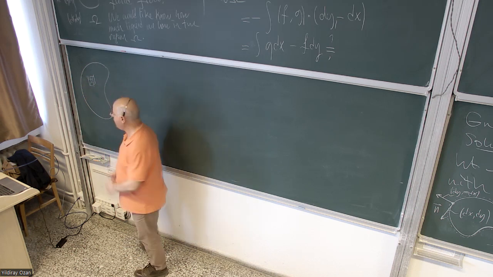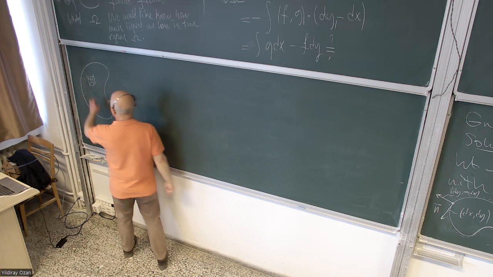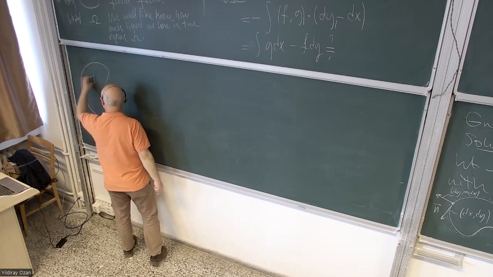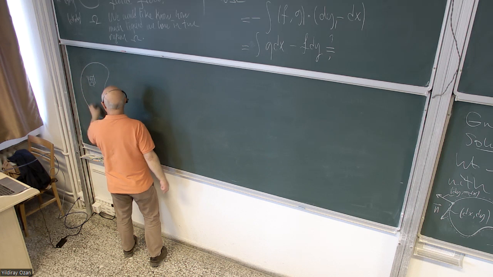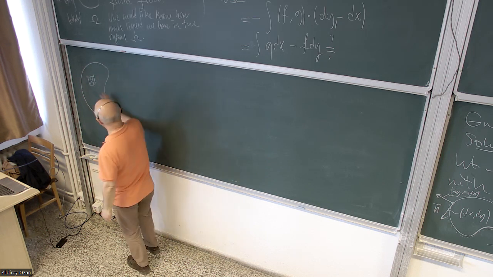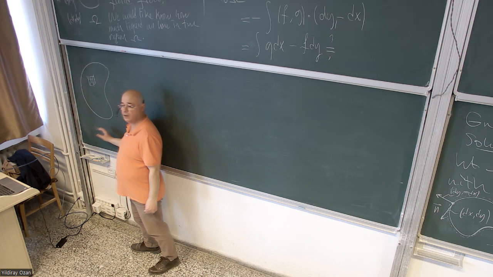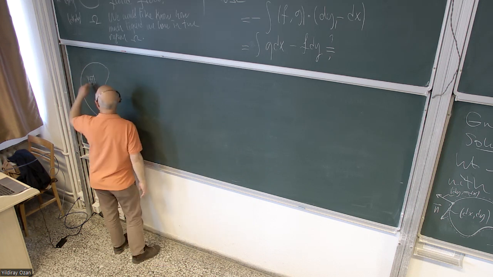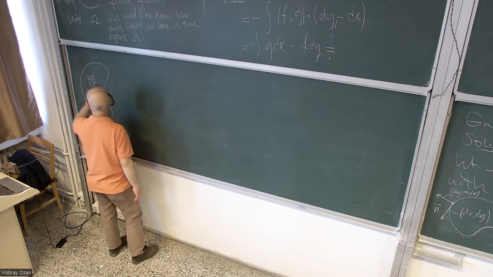So if I measure how much liquid goes inside this every second and then add them up, then I will learn how much liquid goes inside this region. And how can you measure how much liquid goes inside this box here?